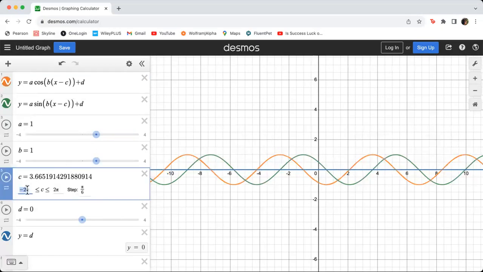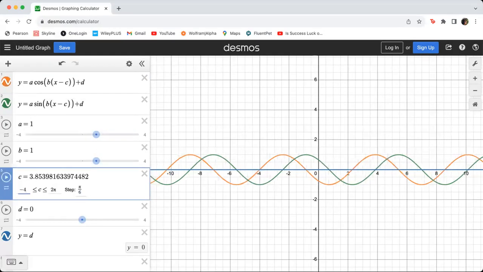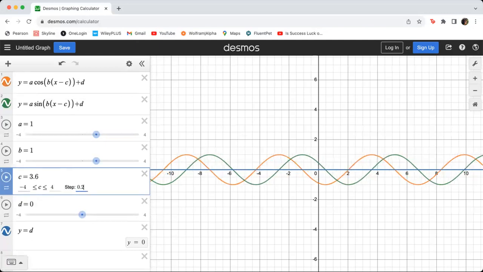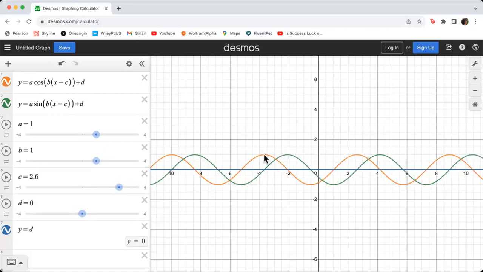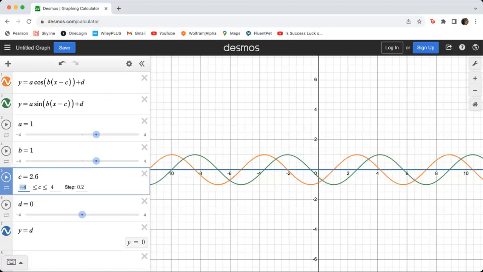Let's go in and change this back to negative 4 to 4 with a 0.2. Here's a top at negative 3.683. Here's a top at 2.6. It's kind of hard to see the pi over the 2 pi. Change that.